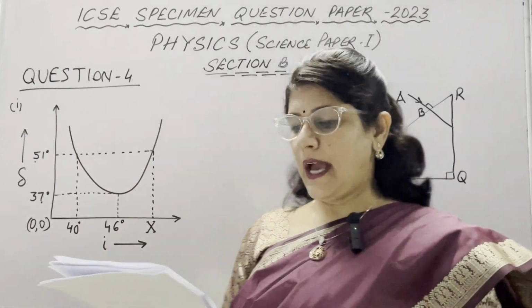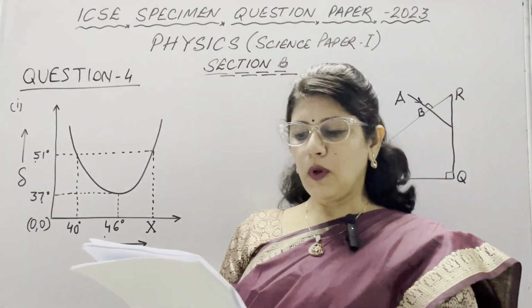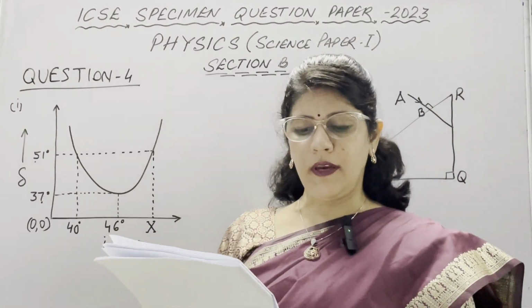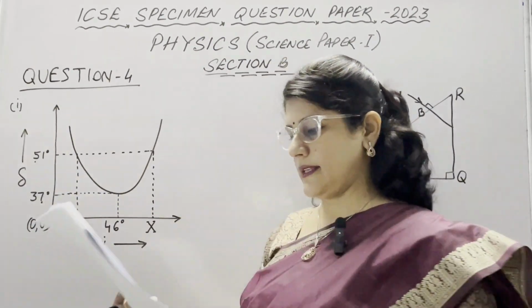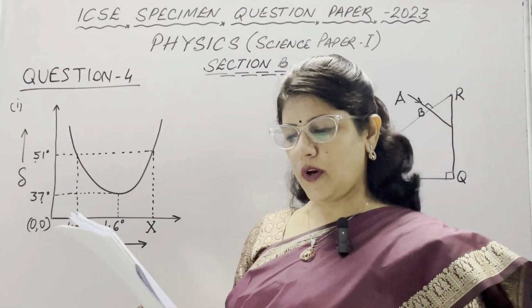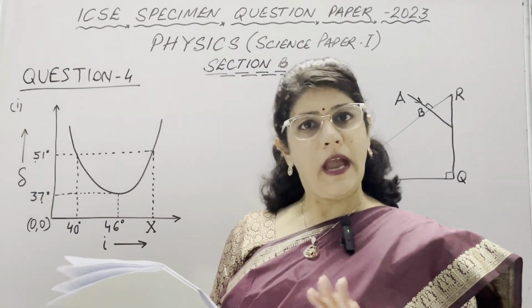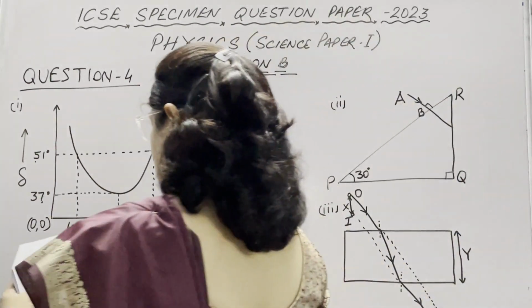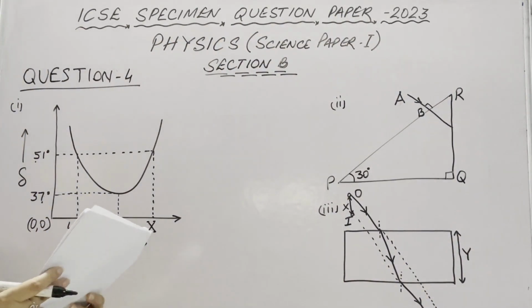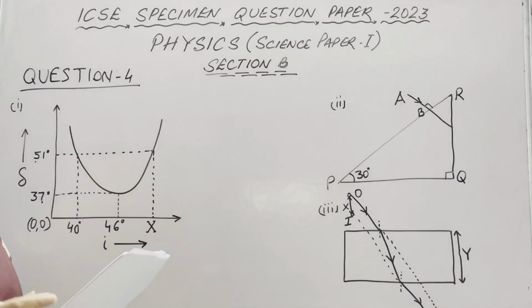Part 1, the diagram drawn here shows the graphical relation between the angle of deviation on the y-axis and the angle of incidence on the x-axis, when light passes through a triangular prism of angle 62 degrees of a certain glass material. In the first part, we need to state the angle of minimum deviation of this prism and the corresponding angle of incidence.